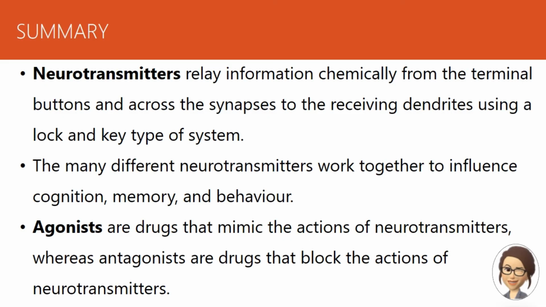The many different neurotransmitters work together to influence cognition, memory, and behavior. Agonists are drugs that mimic the action of neurotransmitters, whereas antagonists are drugs that block the action of the neurotransmitter.